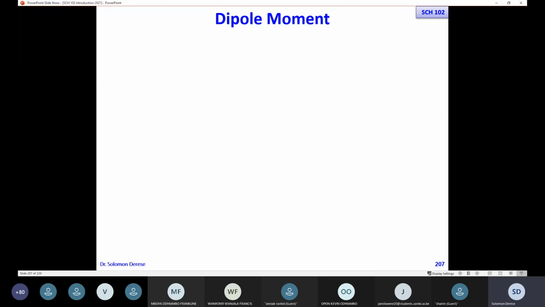So the dipole moment is nothing but a tool for measuring the polarity of a molecule. Molecules that have a higher dipole moment are more polar, and molecules that have zero or very small dipole moment are either non-polar or weakly polar.